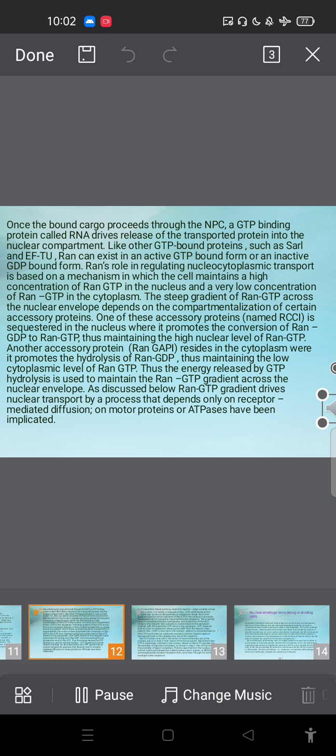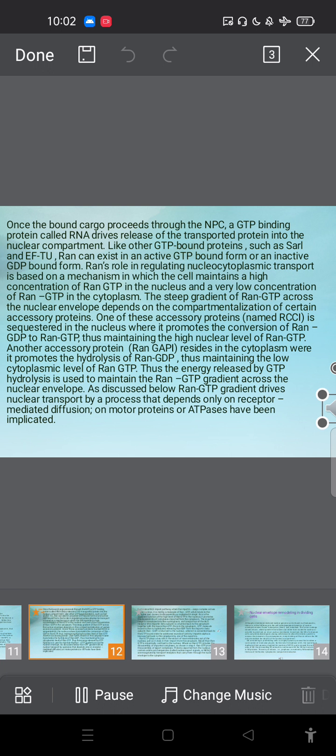Another accessory protein, RAN-GAP1, resides in the cytoplasm where it promotes the hydrolysis of RAN-GTP to RAN-GDP, thus maintaining the low cytoplasmic level of RAN-GTP. Thus, the energy released by the GTP hydrolysis is used to maintain the RAN-GTP gradient across the nuclear envelope.